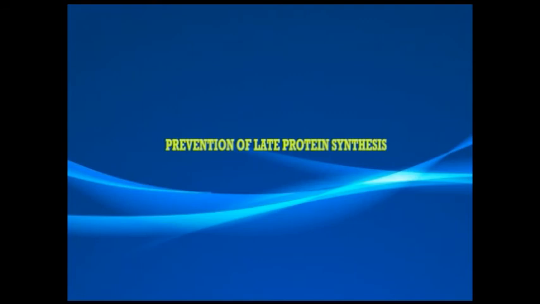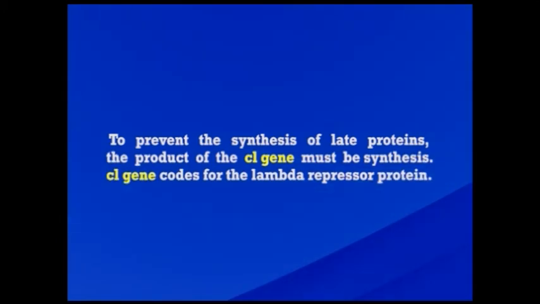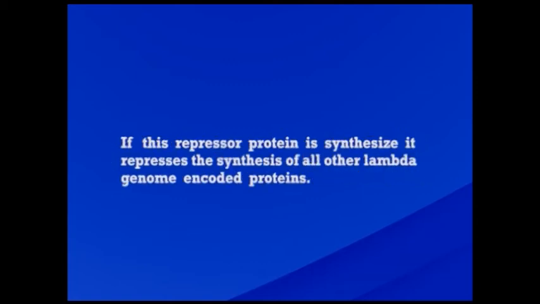So first we'll see the prevention of lytic protein synthesis. To prevent the synthesis of lytic proteins, the product of the C1 gene must be synthesized. This C1 gene codes for the lambda repressor protein. If this repressor protein is synthesized, it represses the synthesis of all other lambda genome encoded proteins.